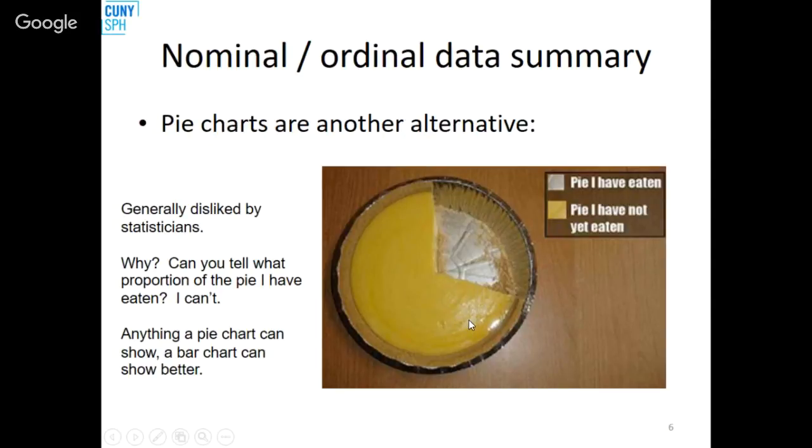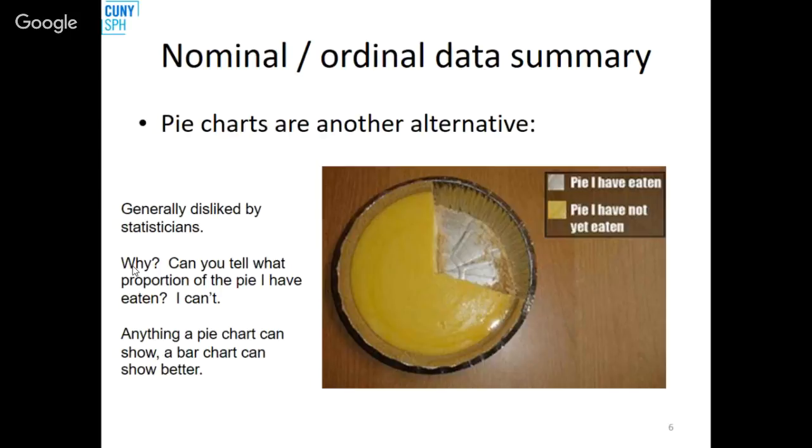Pie charts are another way to represent that same thing, but not very popular with statisticians, except that I really like this one. It's very clear what this pie chart means, doesn't need any more explanation, although the legend is still helpful. But yeah, pie charts are popular in newspapers and can sometimes be nice if they still get across enough information, but they're generally disliked by statisticians because they're not as quantitative as a bar chart.